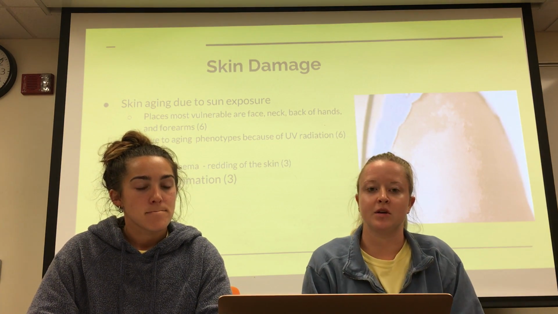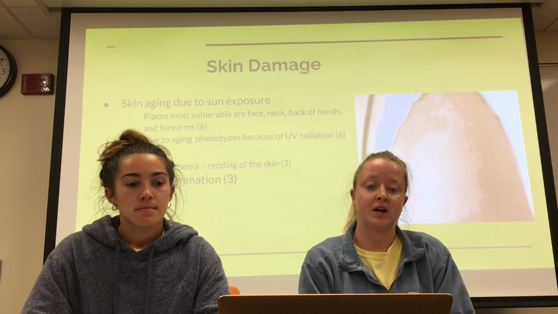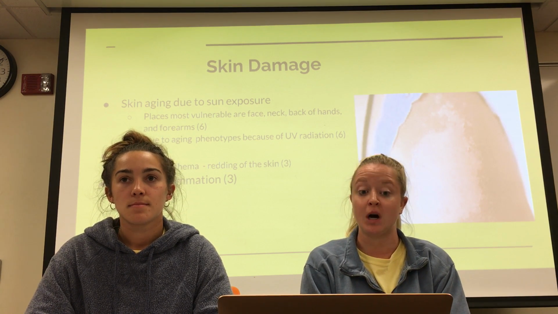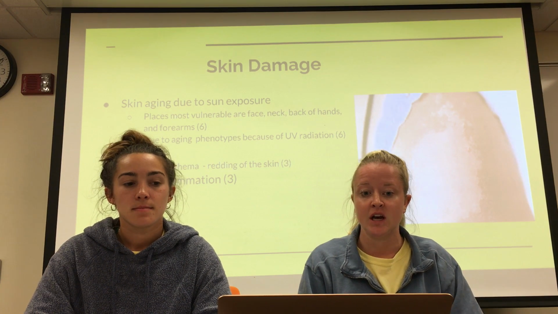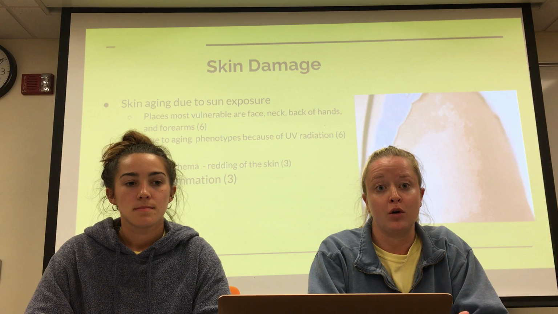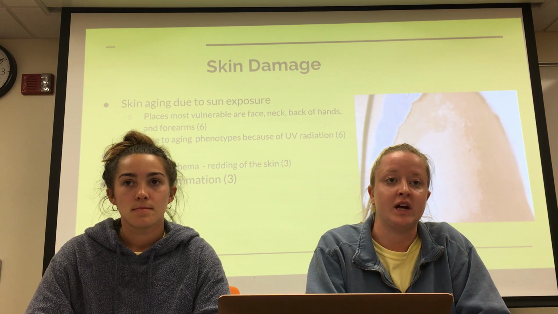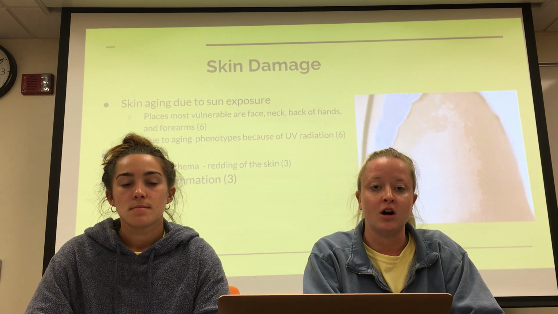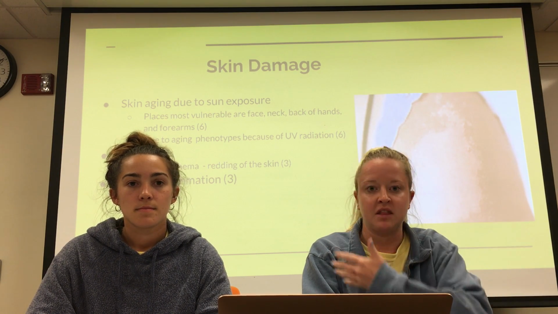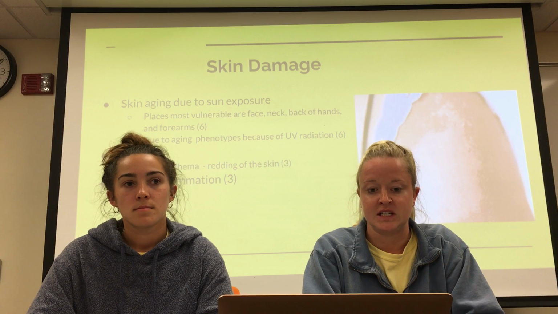So next is skin damage. Skin damage, as we talked about before, can range from aging and wrinkling to sunburn, and even tissue inflammation, which comes from sunburn specifically. Skin aging basically goes on the places most exposed on the body, like your face, your neck, your forearms, the back of your hands, because you're not wearing things all over your face 24 hours a day.